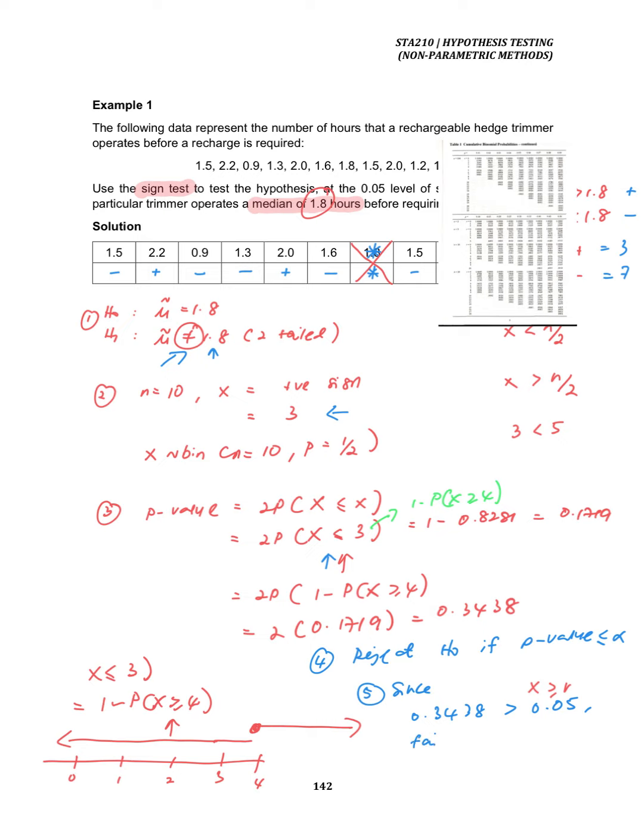Okay, so when we fail to reject the null hypothesis, meaning that the median is equivalent to 1.8. Okay, so this one is the solution for example 1.